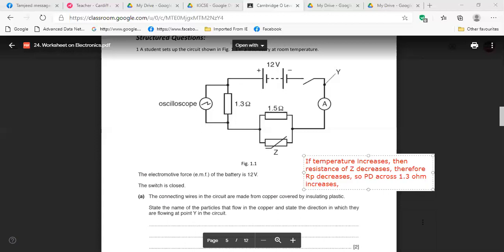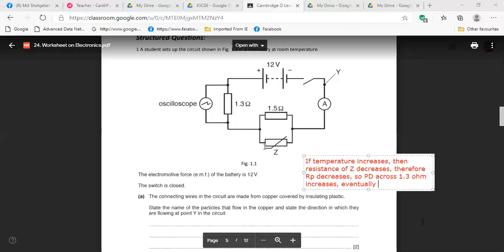So PD across 1.3 ohm increases. Sir, why does PD across 1.3 ohm increase? Potential divider rule. If previously the RP was bigger, right?